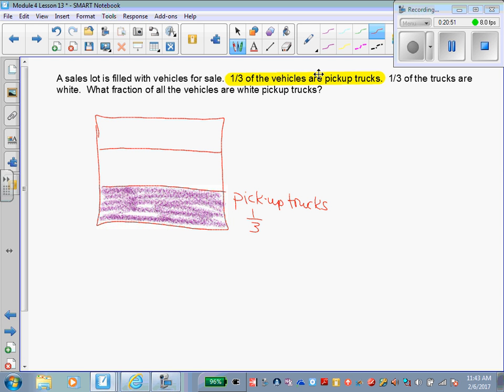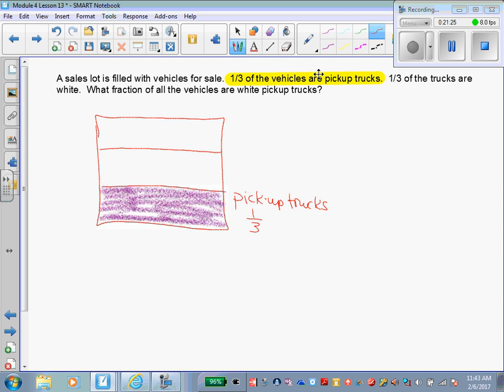So how can I show that with my model? Fiona, not sure. Cameron? Okay, what do you mean shade in the space of 1/3? I've already shaded in the space of 1/3. Right. So how can I model that?